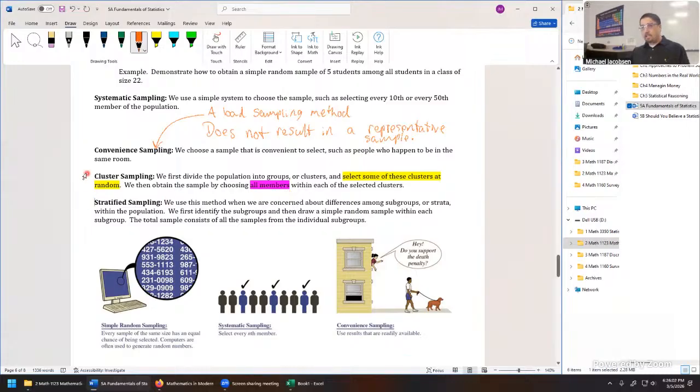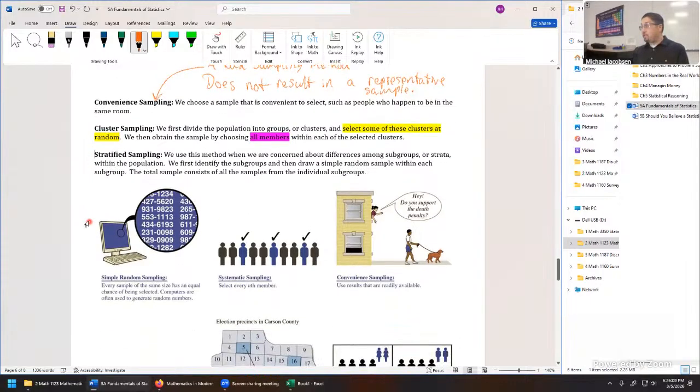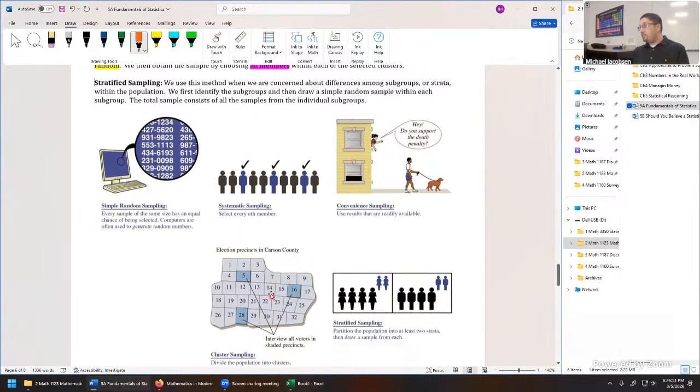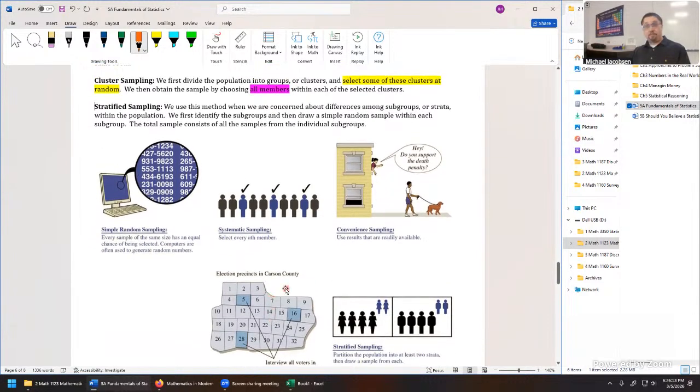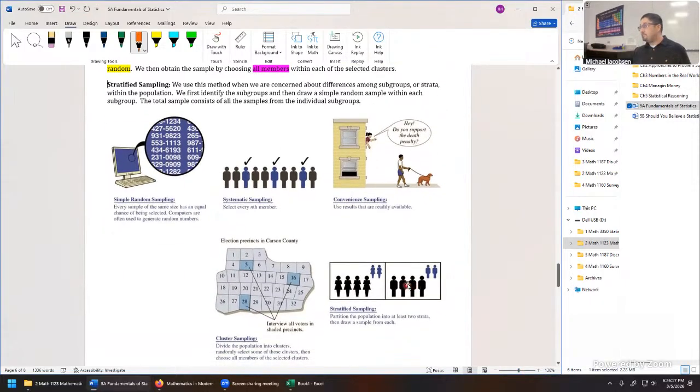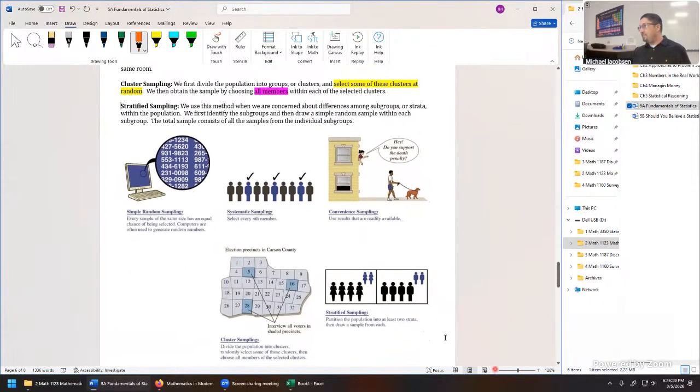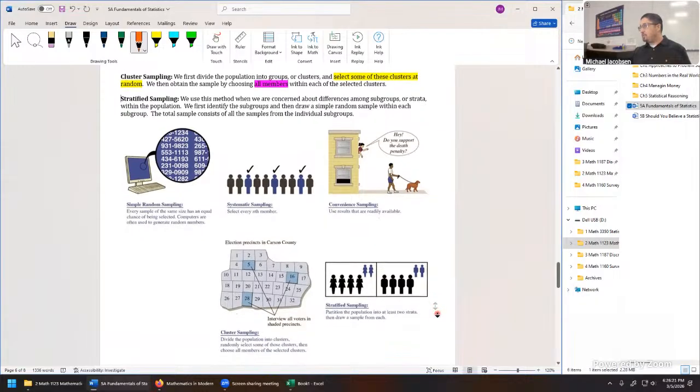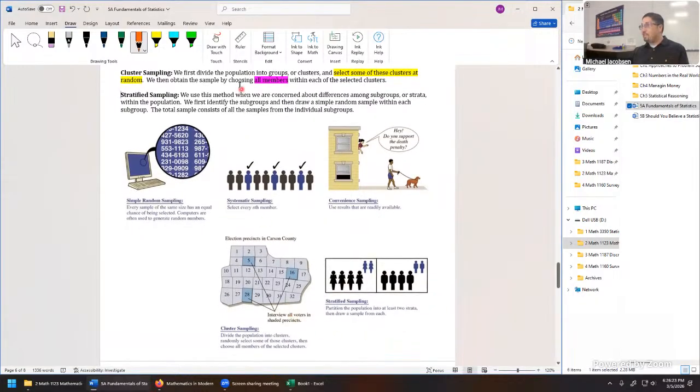And again, it's not a bad definition on its own, but it gets muddied when we compare it with stratified sampling. So here's the graphic that our author provided for cluster sampling once again. And let me zoom out just a touch. A little bit more, sorry for the far zoom out. We just want to show this graphic. In cluster sampling, we've selected, say, 3 different precincts inside a single county.